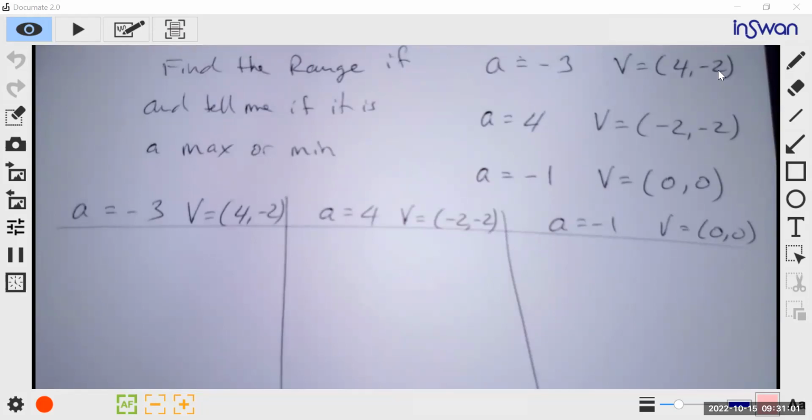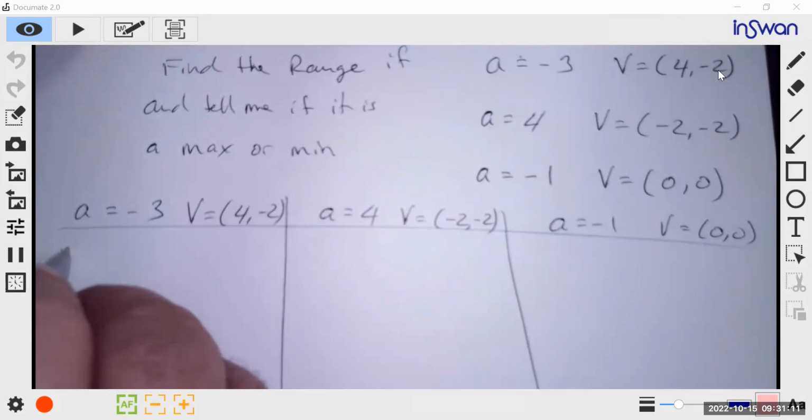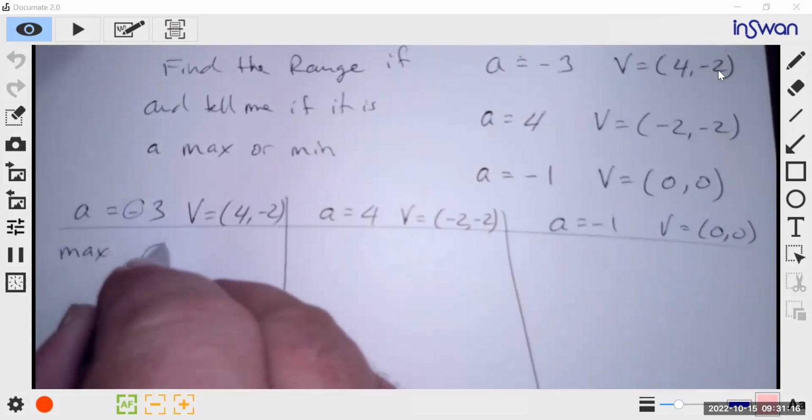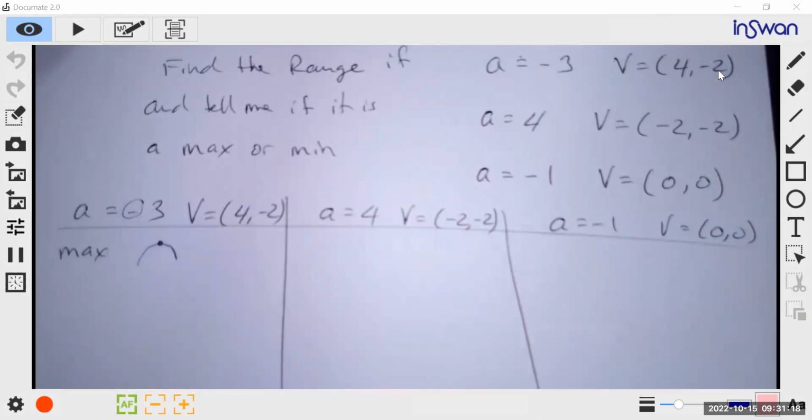So is the first one a maximum or min? Yep, it's a maximum. Because A is negative, which means it opens down, so we have a maximum. How about the second one, max or min?